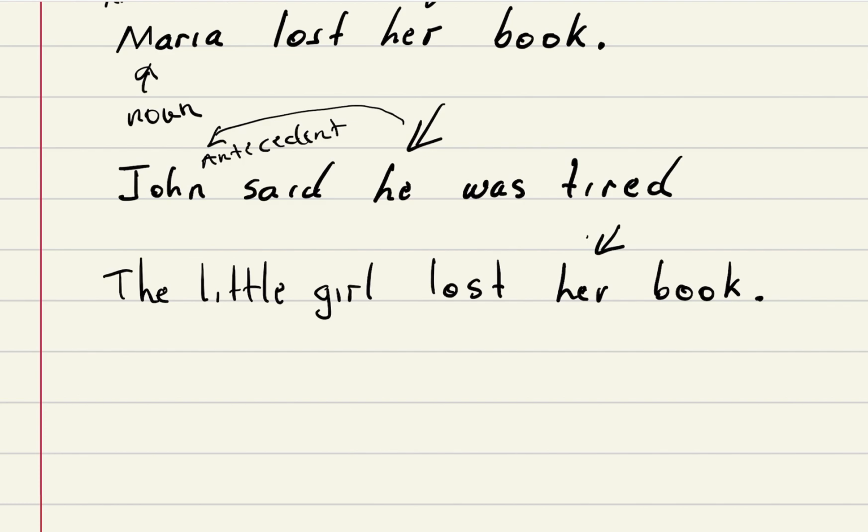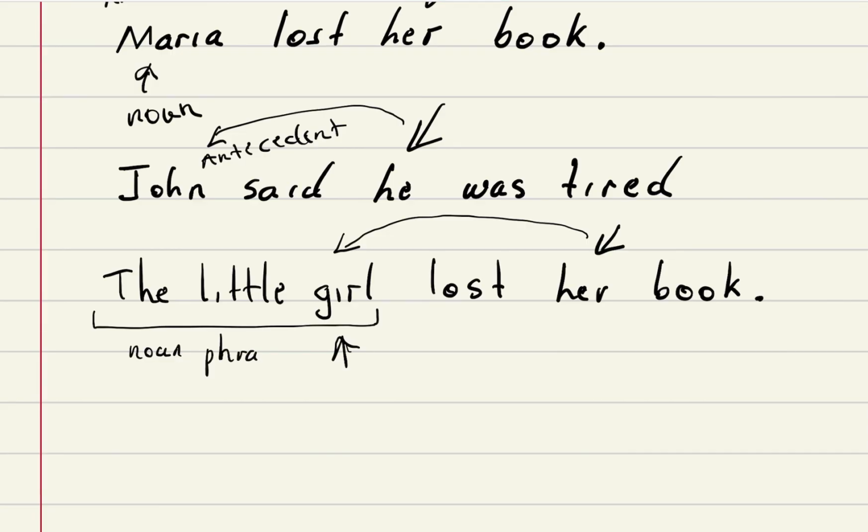In this case, it's referring to a noun phrase. The noun in this case is just "girl," and then this whole thing here is the noun phrase. The words "the little" are just modifying the noun. So these are just adjectives. That's essentially the noun phrase here, but the focus is just the noun.